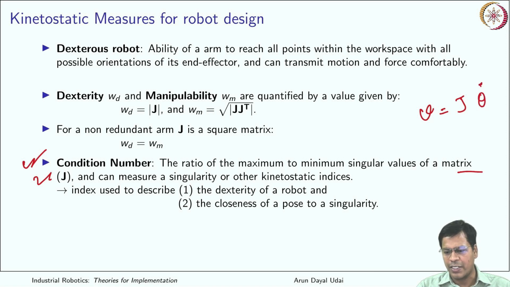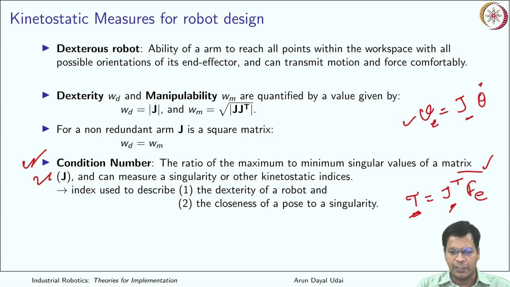If you remember, the Cartesian velocity at the end effector is related using this. Similarly, forces: tau is equal to J transpose of the force at the end effector. Tau are the joint torques. So that is what relates the forces as well as the torque at the end. So we are using J over here.